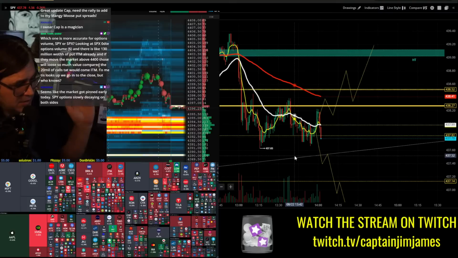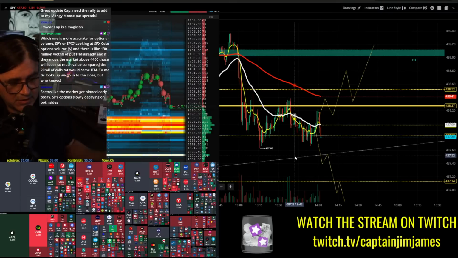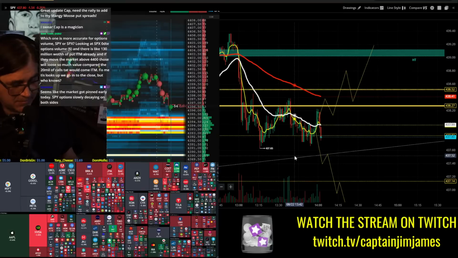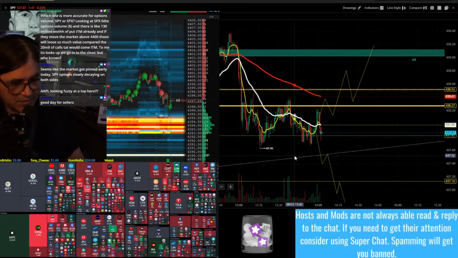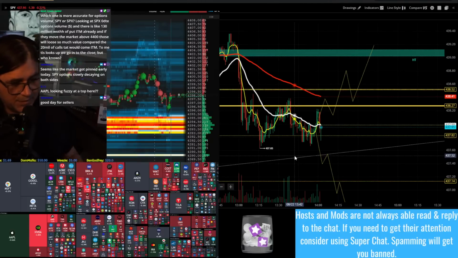Now, these come out from yesterday, so all that data comes from yesterday's options, and then today's zero dates are not calculated into those numbers. It's one of the challenges with gamma models is that they're like a day old, and there's certain times of the day where the models are worse than other times of the day.